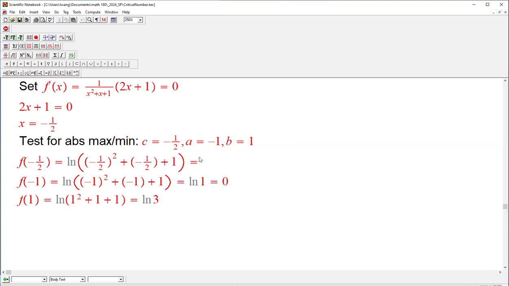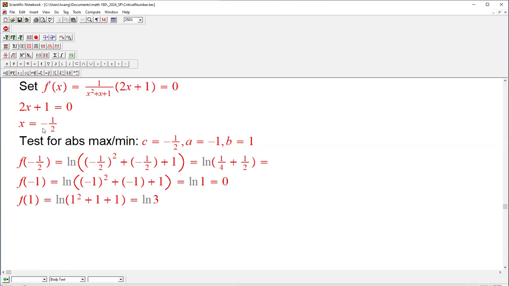And this piece equals ln, this is a quarter, right? A quarter plus negative half is, let me write it down. Okay, so this is a positive 1/4 minus half. Okay, negative half plus 1 is a positive half, right? So that's going to be plus positive half, right?